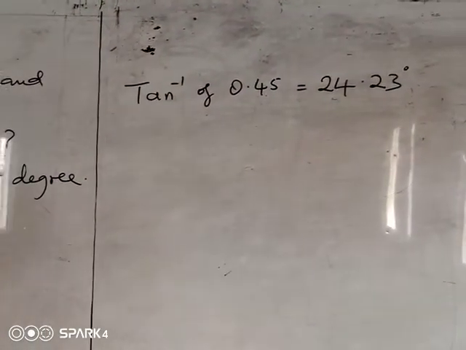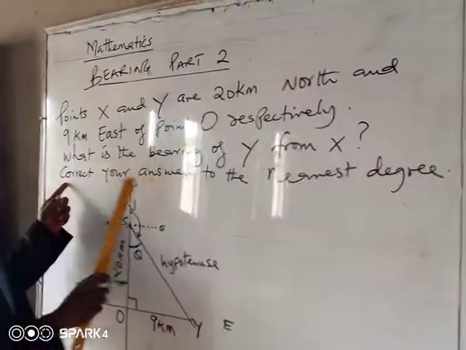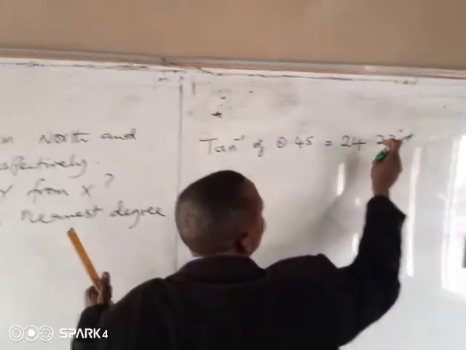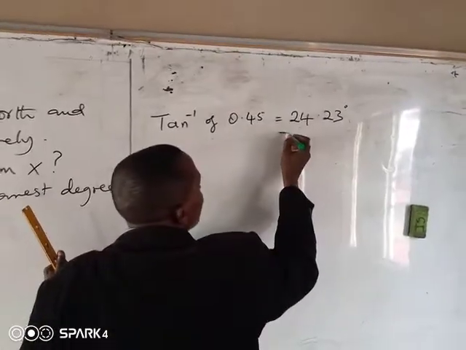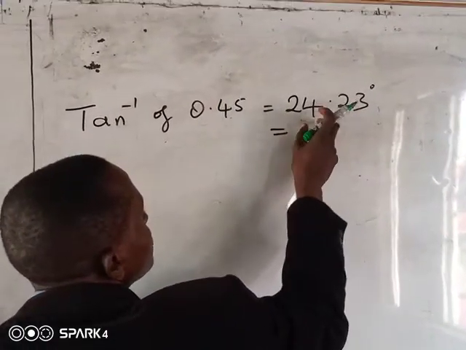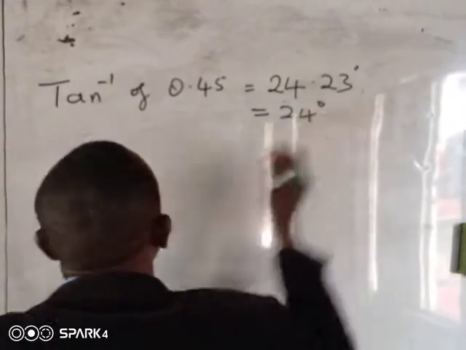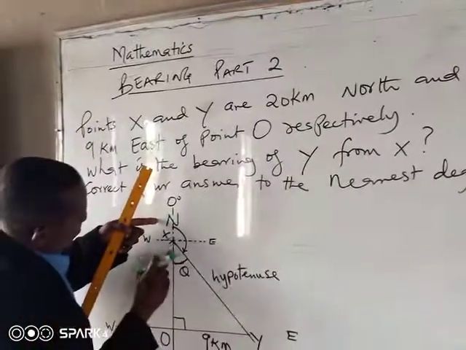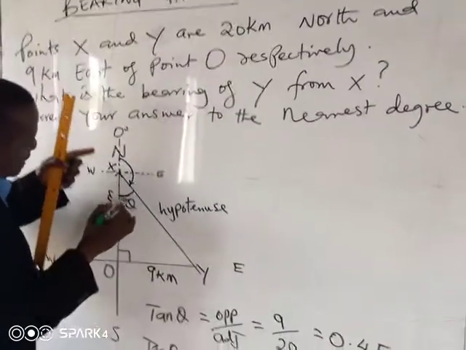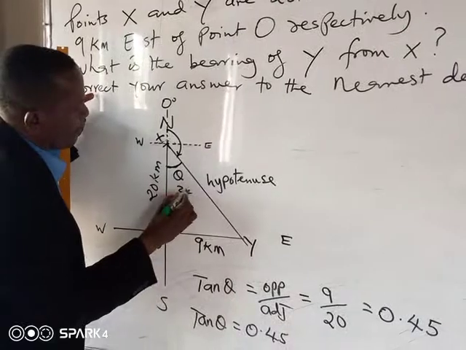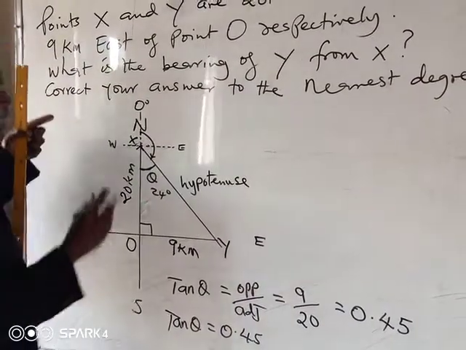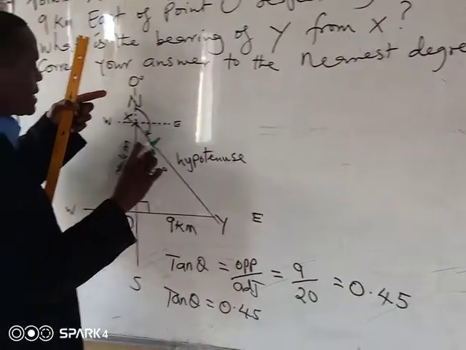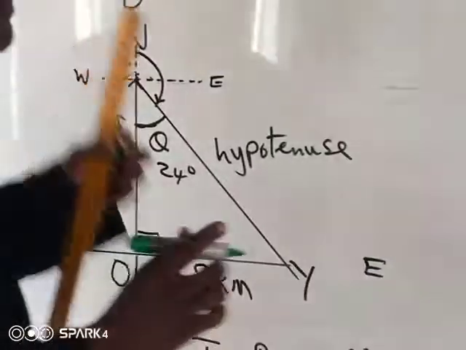See, they say, correct your answer to the nearest degree. So 24.23 degrees corrected to the nearest whole number gives me 24 degrees. Therefore, to find the bearing of Y from X, because this theta here is giving me 24 degrees from our calculation, I know that the sum of angles on a straight line is 180. So subtract theta from this angle here.